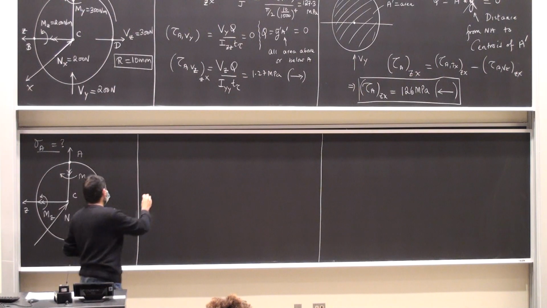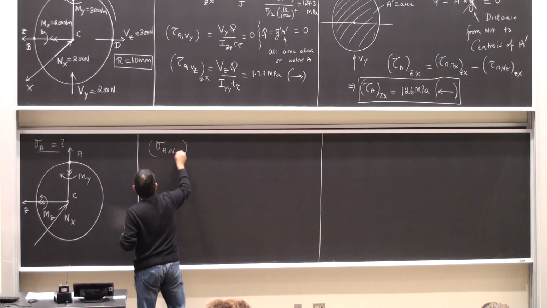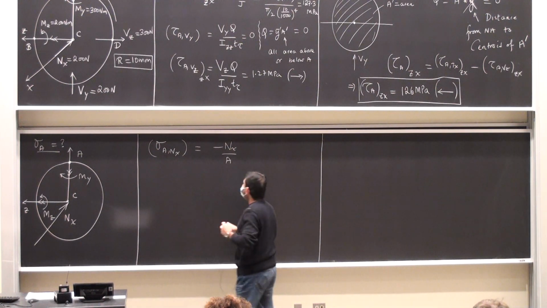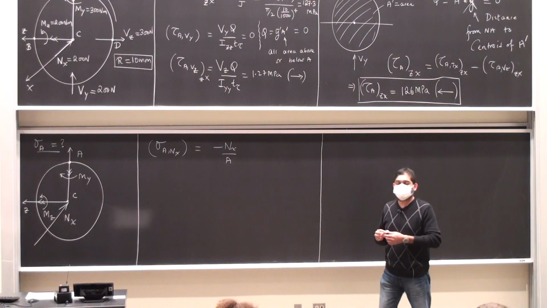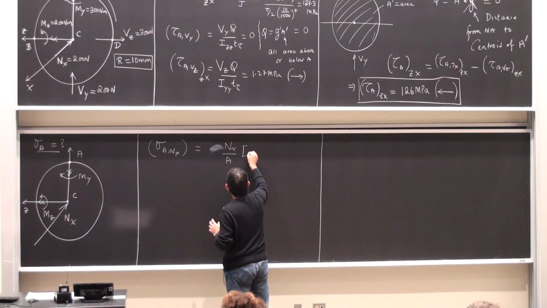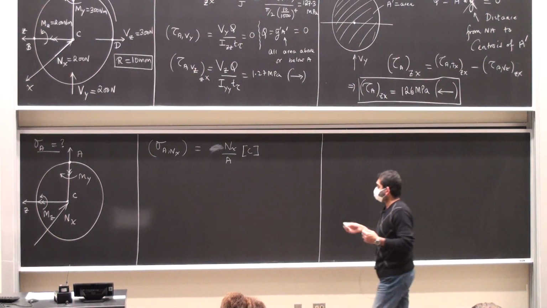Okay, so I'm going to have sigma A due to Nx. This is just minus Nx by A, or if you don't like the negative sign, just write it as compressive. Nx was 200, area is the area of the cross section.